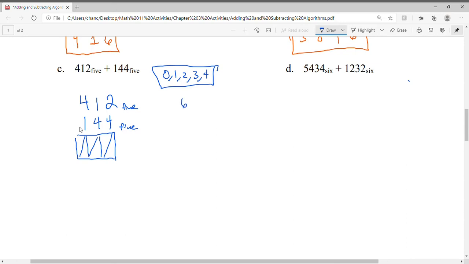But 6 does not exist, base 5, so we'll divide it by 5. I get 1, remainder 1. So 6 actually represents 1, 1 in base 5. 1 plus 4 is 5, but 5 does not exist, so we'll divide that by 5. That's 1, remainder 0. So we have a 1 here and a 0 here. 4 plus 1 again is 5, but I know that's going to be 1, remainder 0, so that's 1, 0.